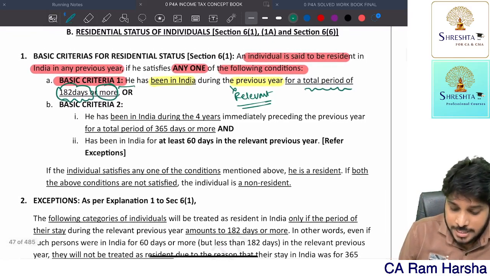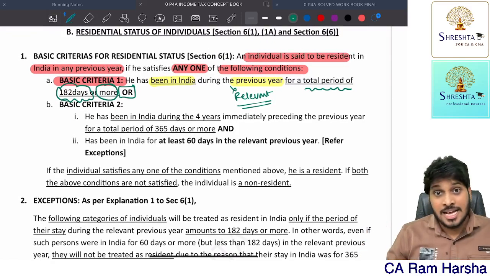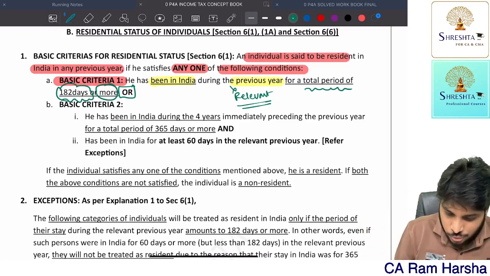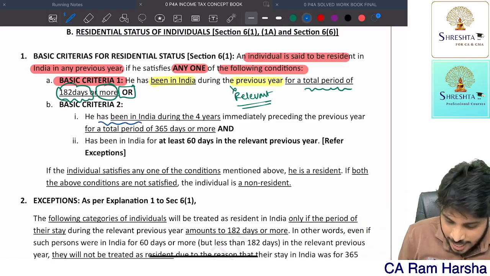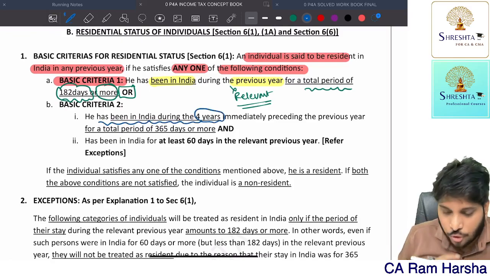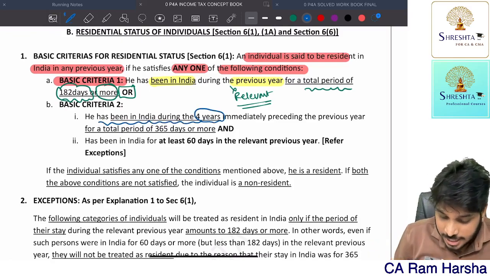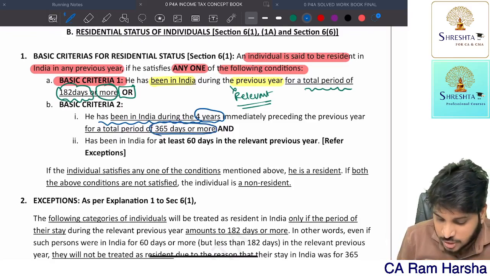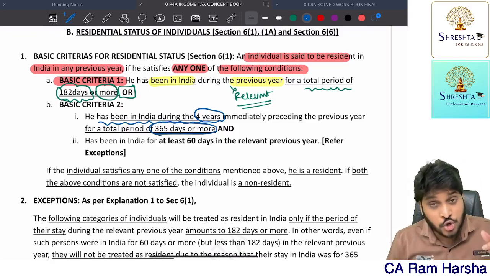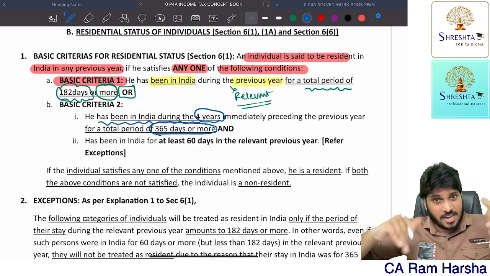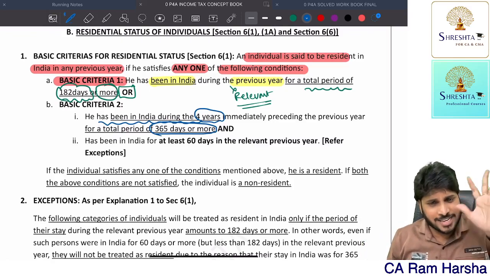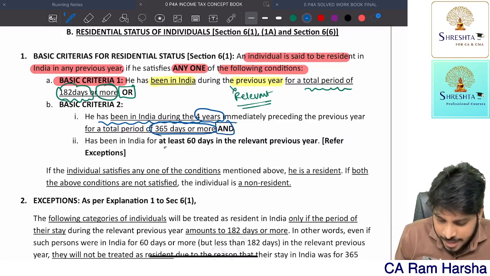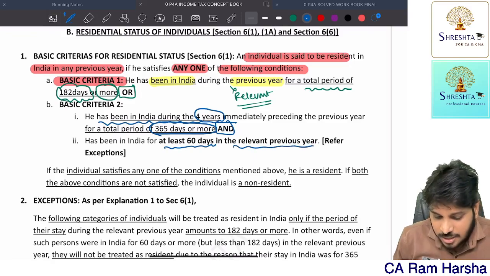If basic condition 1 is not satisfied, then what should we check? Basic condition 2. What is basic condition 2? He has been in India for at least 4 years. Like in the 4 years, he must be there for 365 days or more. He has been in India during the 4 years immediately preceding the relevant year for 365 days or more, and at least 60 days in the relevant previous year.